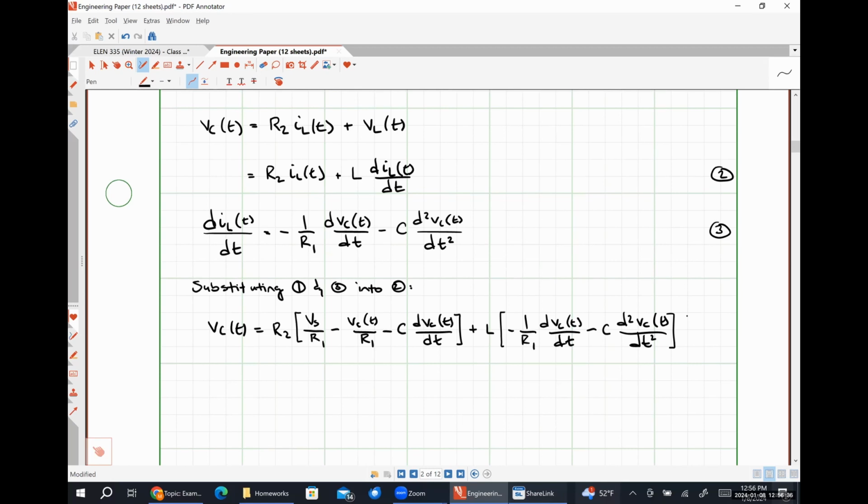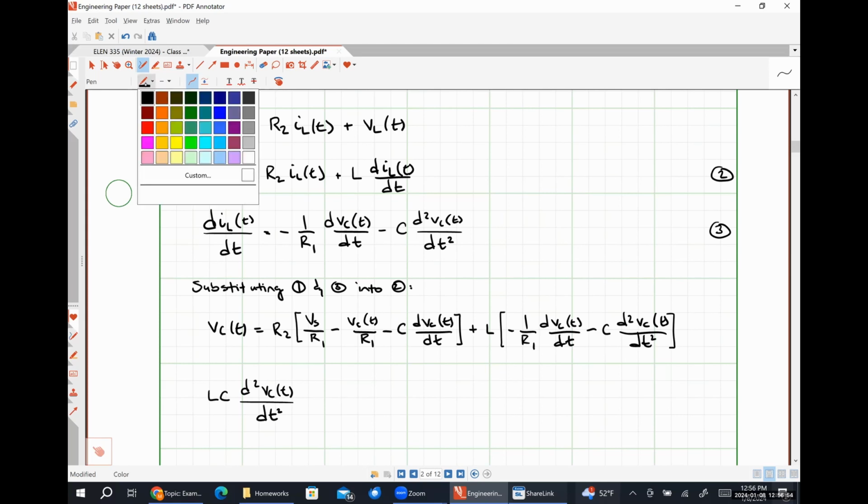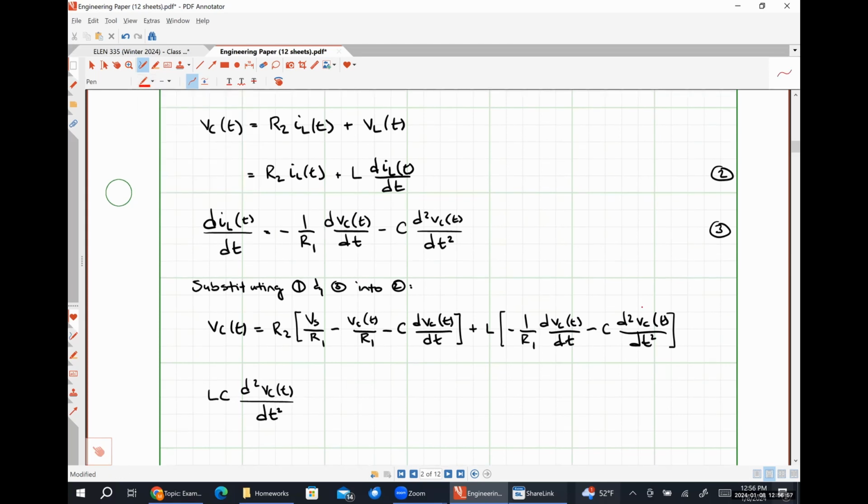So this L and this C are going to get multiplied together. And so I should have LC times the second derivative of my capacitor voltage with respect to time. Just for organization's sake, I'm going to put a check mark above this term to let me know that I've already moved it over to the other side of the equal sign and all that kind of good stuff.